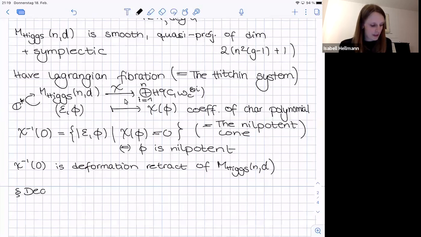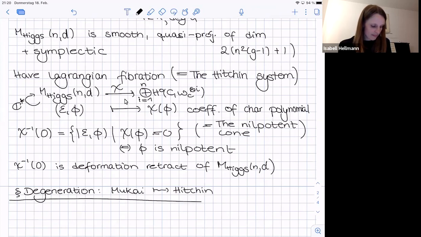You can degenerate the Mukai system to the Hitchin system. And the first step here is to give a new interpretation of the Hitchin system.